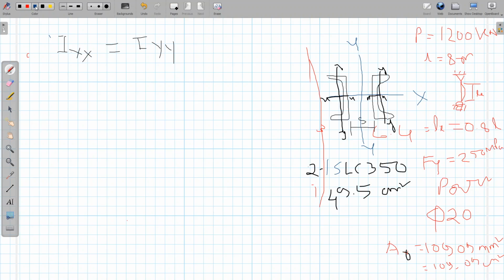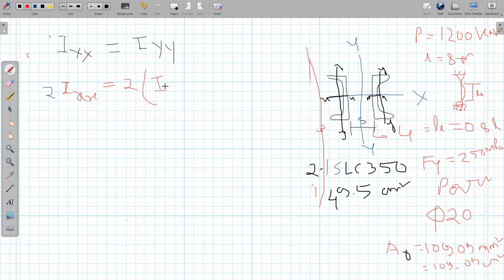Already earlier I have written the equation, so simply I am putting the value here. Just for your reference, quickly write 2 into I local axis, since we have two channels, I am writing here 2. Now what I have to write?